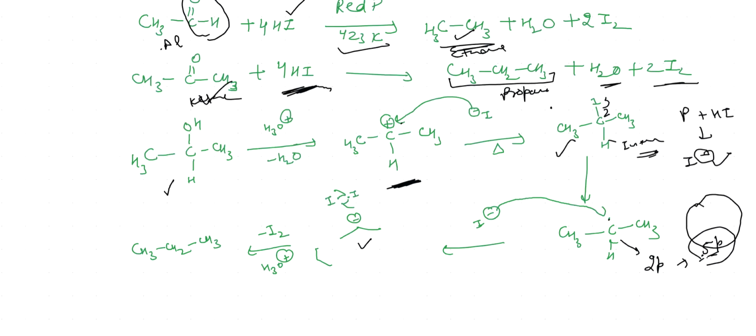Yeah, this is your structure, CH3 group, CH3. So again, when iodine gives its electron to this carbon, there is formation of a radical.